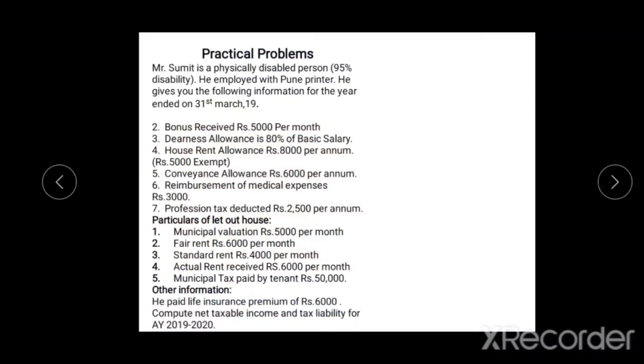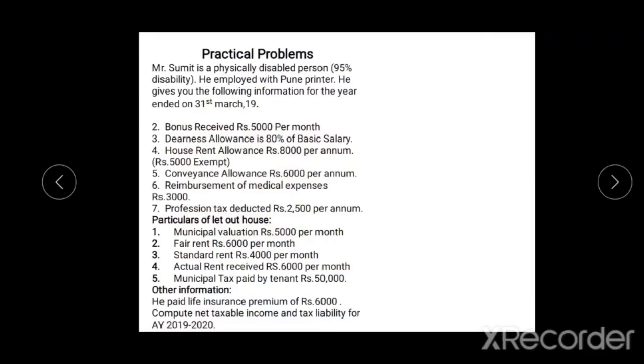You know very well, if an individual is disabled more than 40%, he is eligible for a deduction of rupees 75,000 under section 80U.